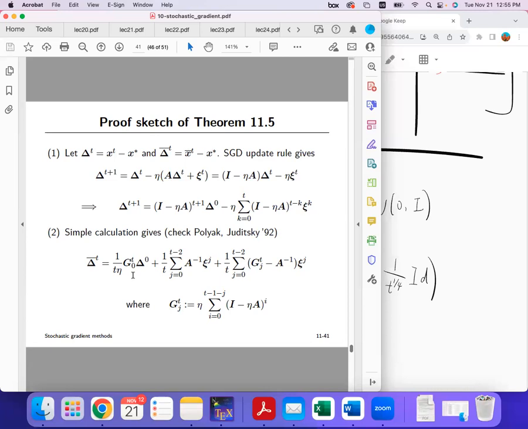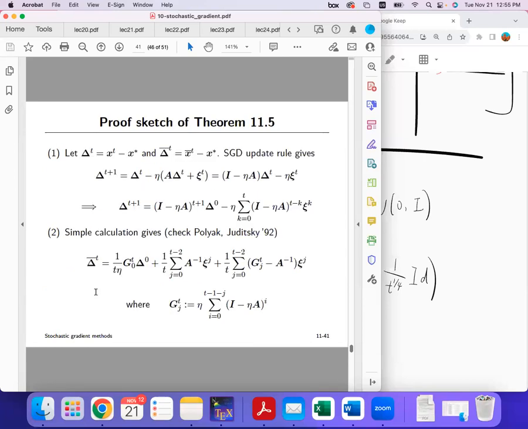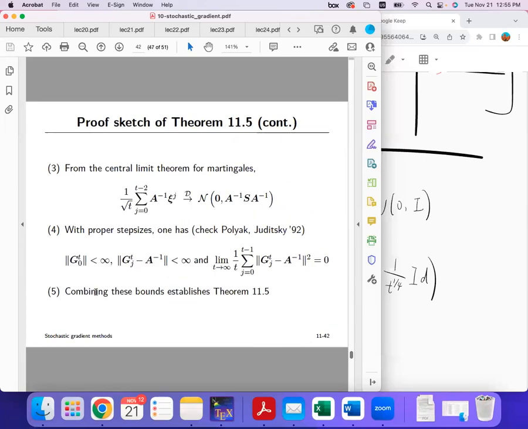And then the rest of the steps simply use central limit theorems to consider the asymptotic behavior of these random variables. So we will not go into the details.